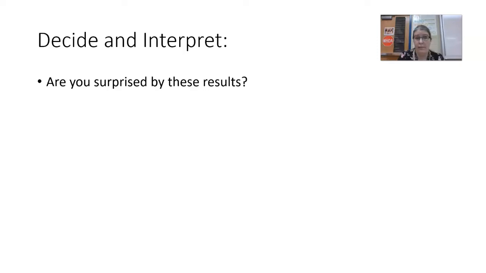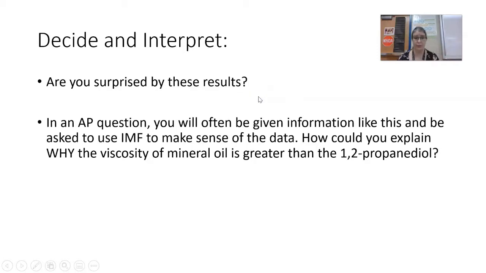I would be pretty surprised if many people had picked mineral oil as being actually more viscous than the propane diol, because there's a really common misconception that molecules with only London dispersion forces must only have very weak intermolecular forces. This kind of information is a very common way for AP to approach intermolecular forces.